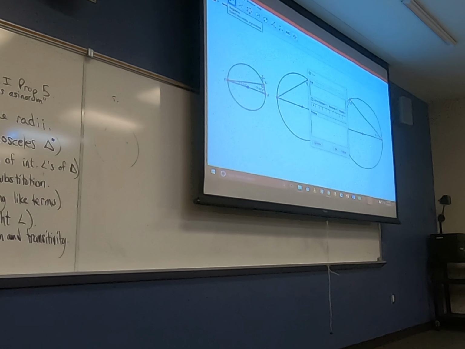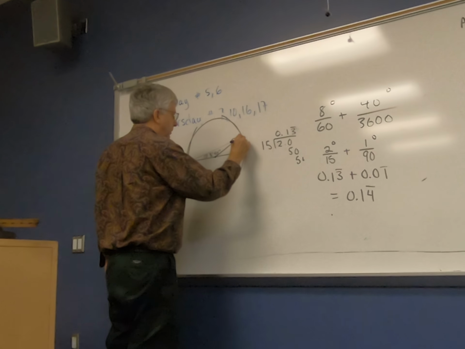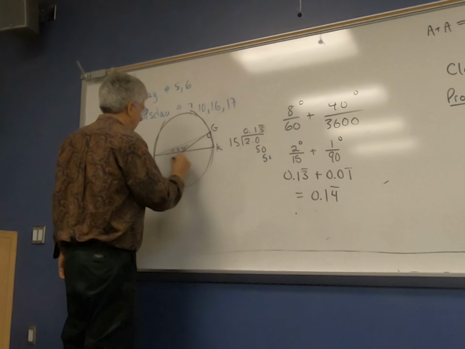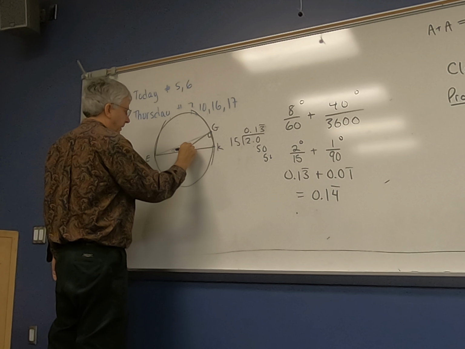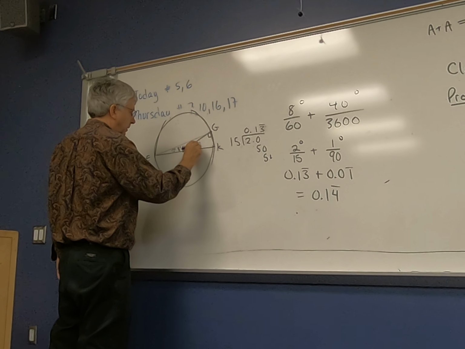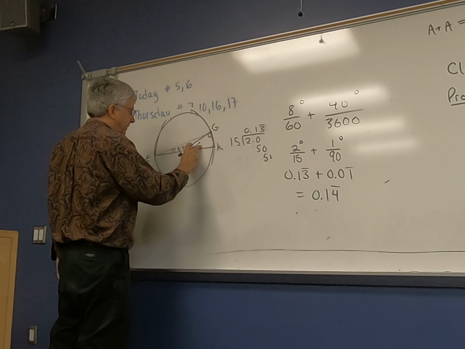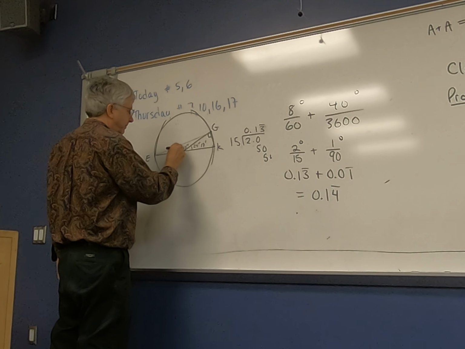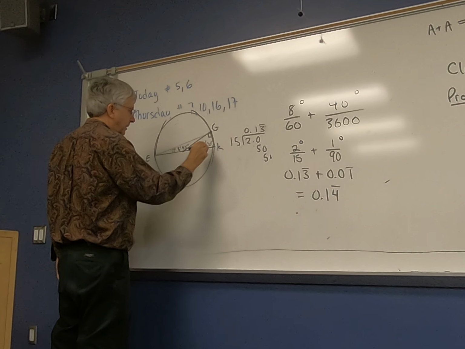So if I were to connect this point with that point, then this is G, this is K, this is E, and this angle must be twice that, so it's 24 degrees, 17 minutes and 20 seconds. See what I did there?